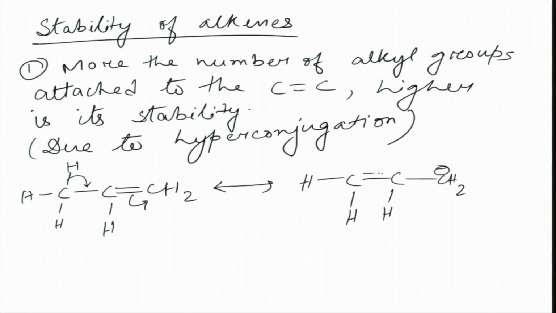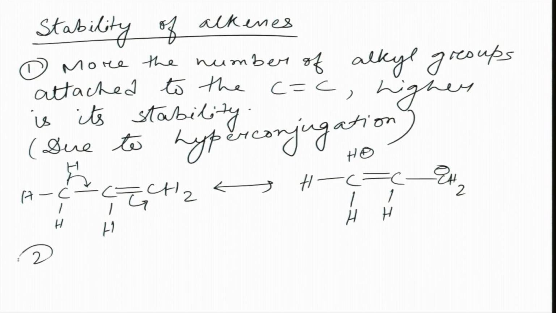So, this is the hyperconjugated structure. If the number of alkyl groups is more, then there will be a greater number of hydrogens and a greater number of hyperconjugation structures. Since hyperconjugation increases with the number of alkyl groups, more alkyl groups mean more stability of the alkene.